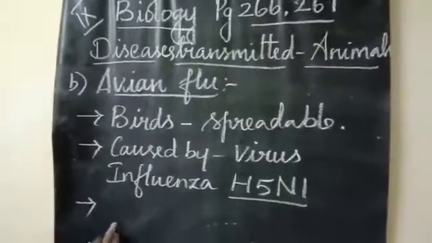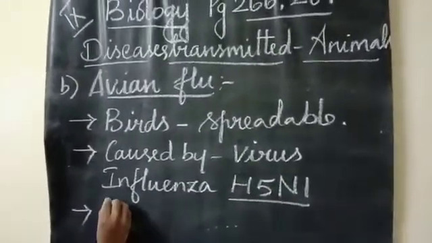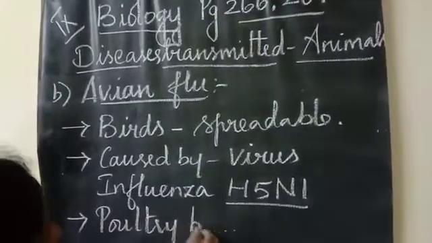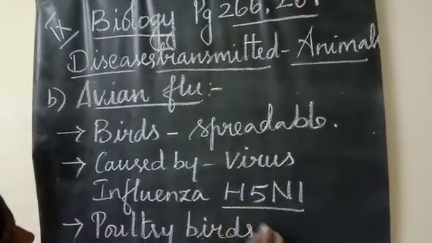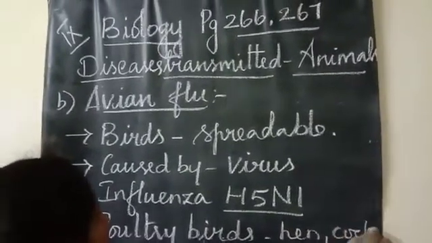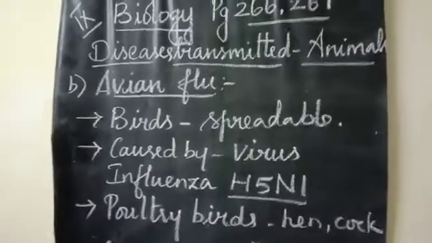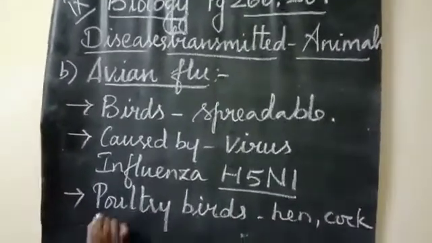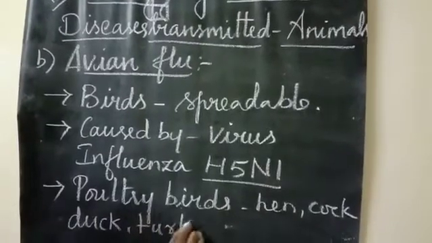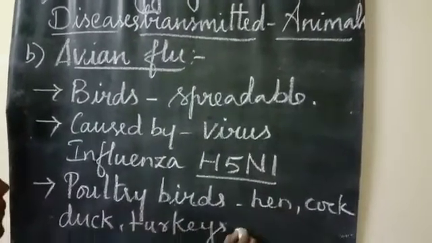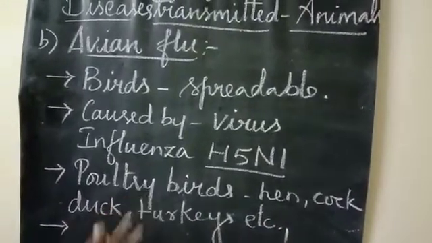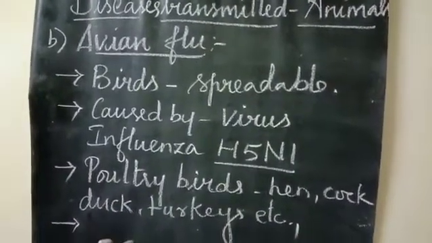And usually this starts spreading by poultry birds. Poultry birds like hen, cock, duck, turkeys, etc. Through all these birds, this disease will spread.